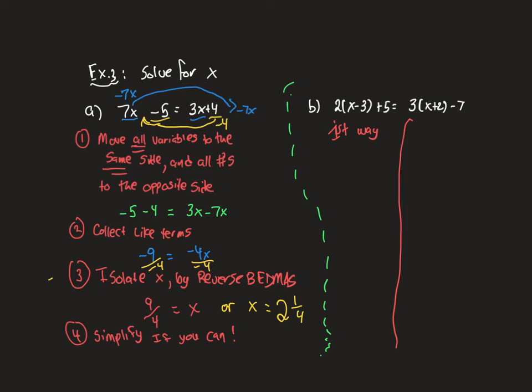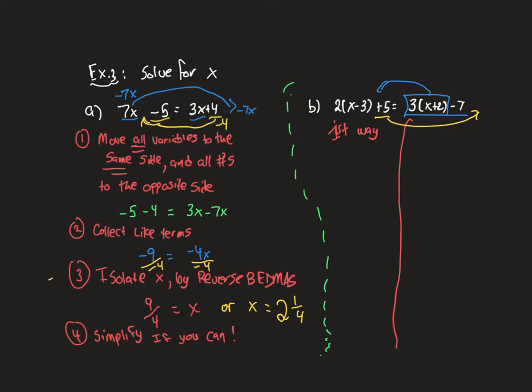So your first way is basically isolate all your x's to the same side, and then expand. So that means I'm going to bring this guy to the other side, and I'm going to bring this plus 5 to the other side.